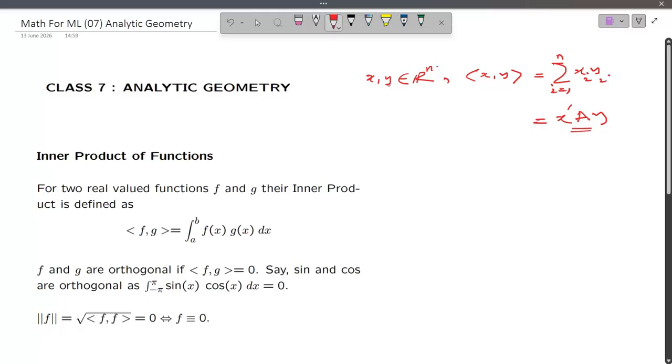Now for two functions, I talked before about how the number system evolves to functions.